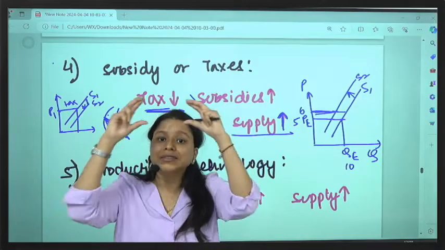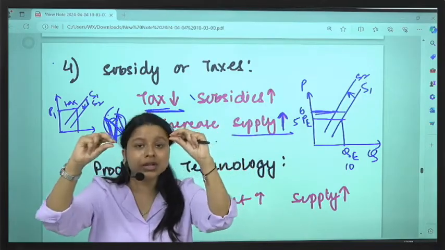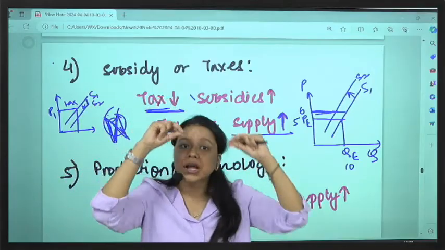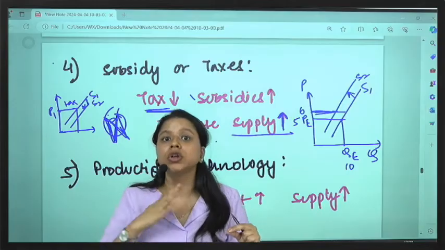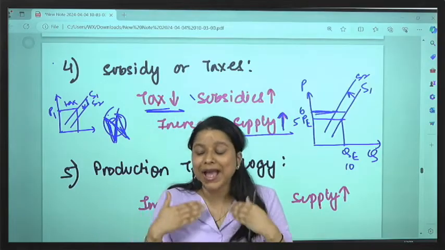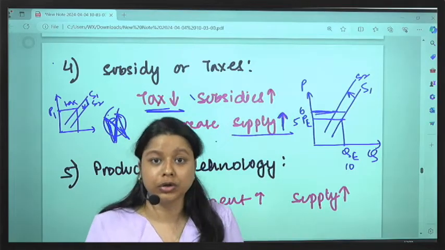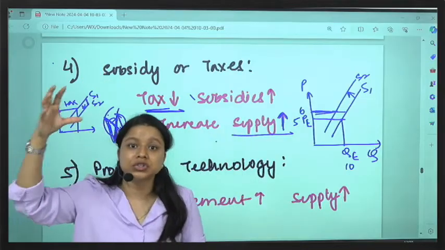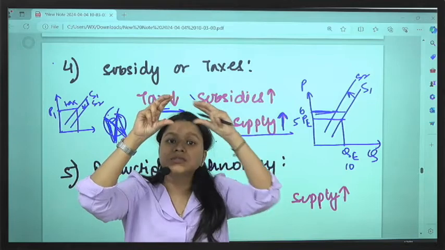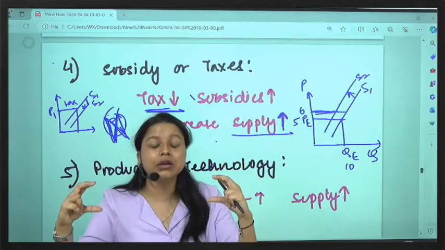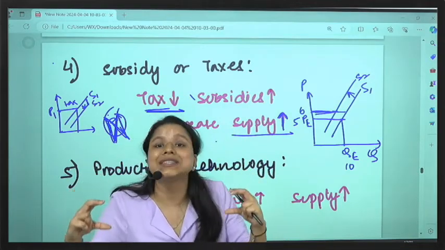The tax which I am talking about over here is the tax which is being charged on the supplier. It is not on the consumer. So when I am a supplier, I am selling a good. It is a tax which is being charged on the production itself. So the burden is falling both on the supplier and the consumer. So the price will not increase by 1.